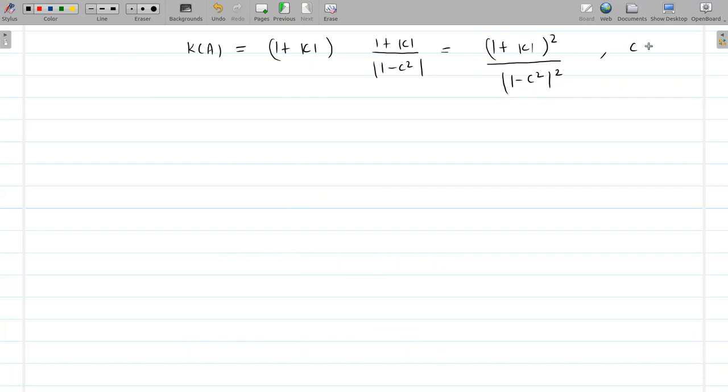And it is given in the question that c is neither plus 1 nor minus 1. That makes sense. If c equals plus 1, the denominator will be 0, so the condition number is infinity.